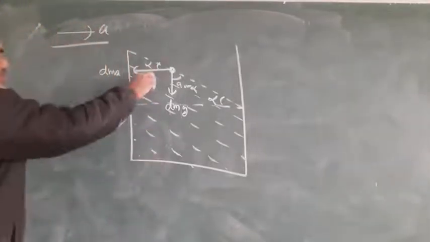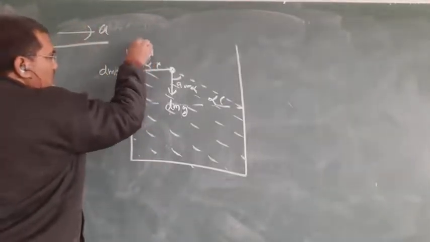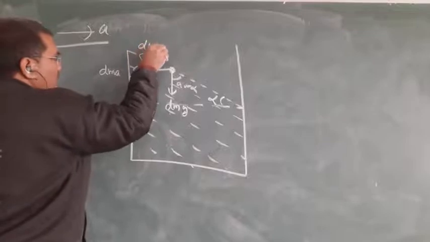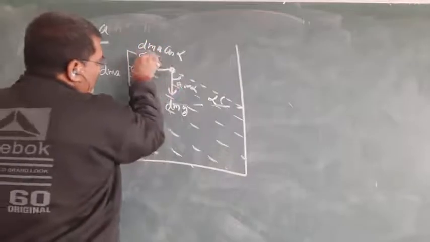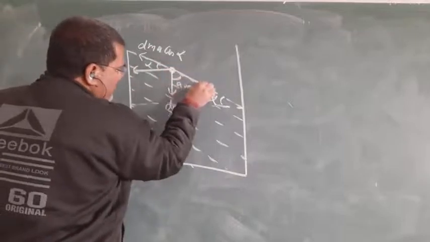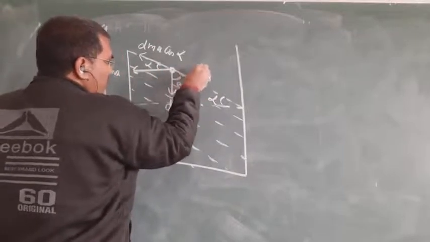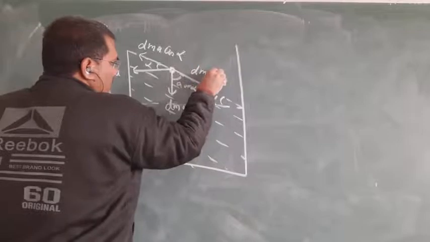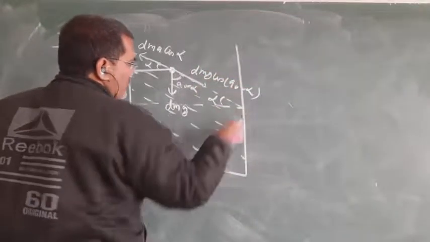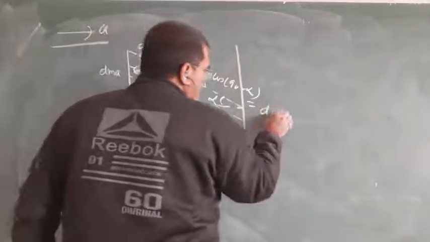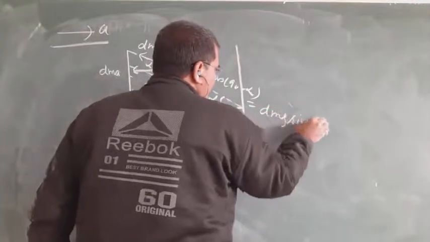So here this is the component dm a cos alpha, and this would be the component dm g cos(90 minus alpha), that is dm g sin alpha.